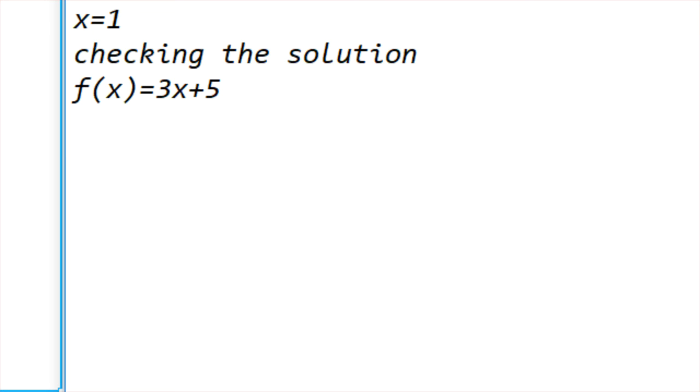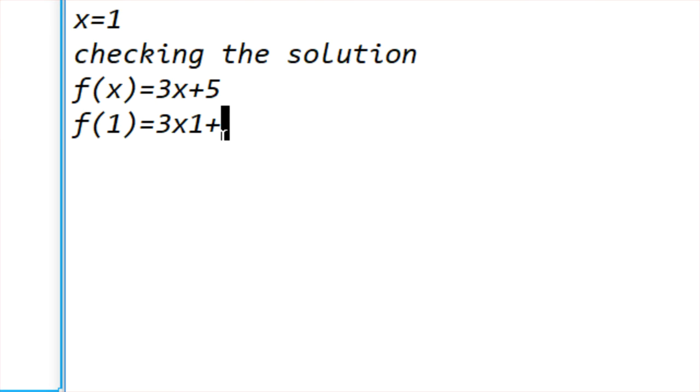Now insert 1 instead of x, which means 3 times 1 plus 5. Don't confuse this, it's times.